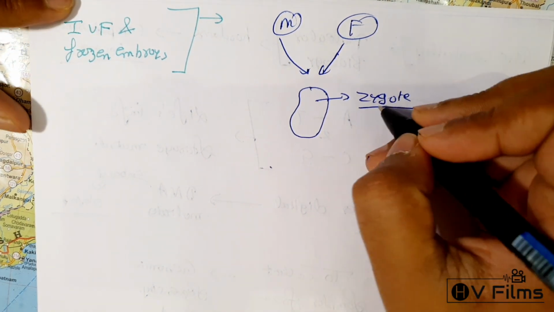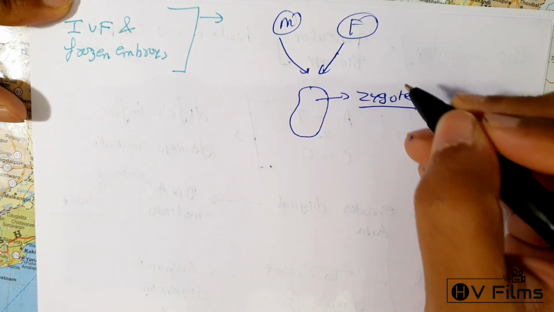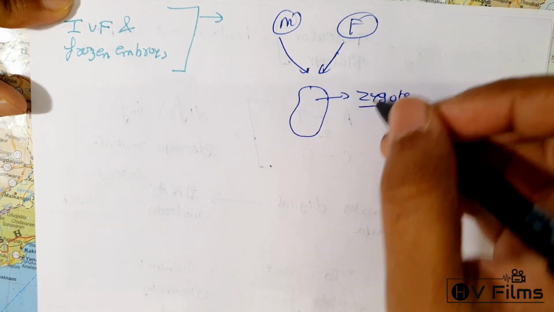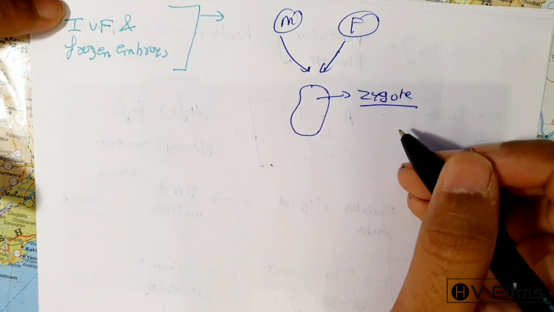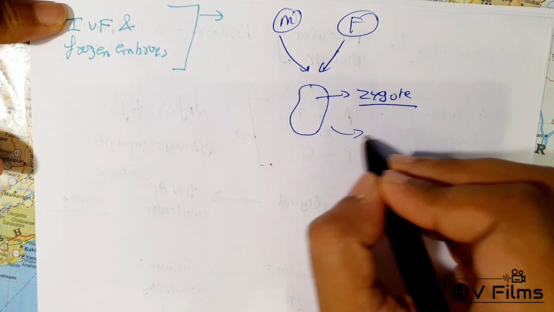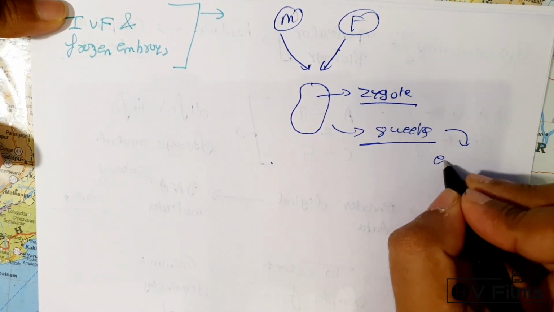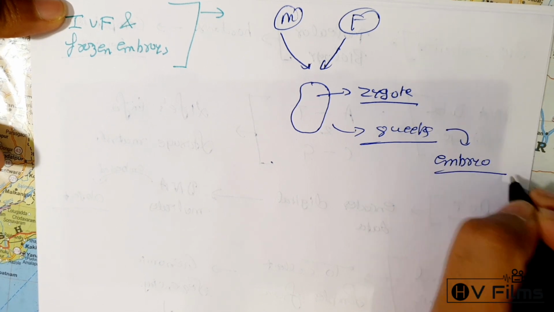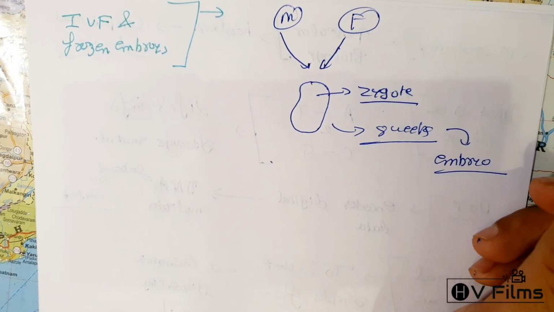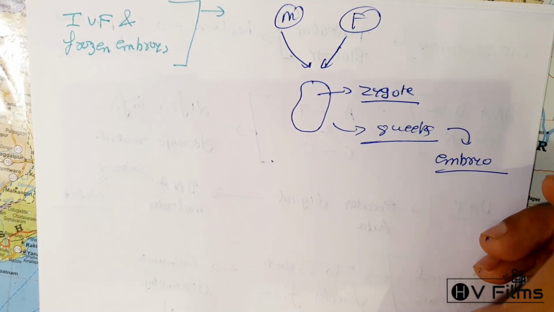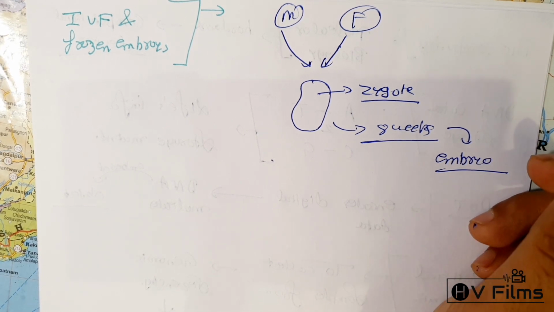We create a zygote there, and we implant the zygote into the uterus, where it can develop into an organism. From 8 weeks, the zygote is what we call an embryo. So this is the whole procedure of in vitro fertilization.